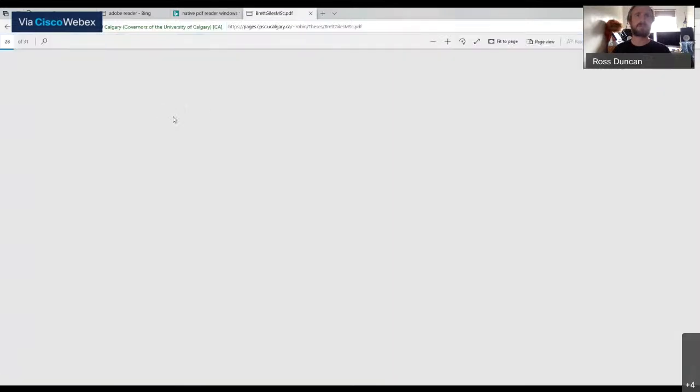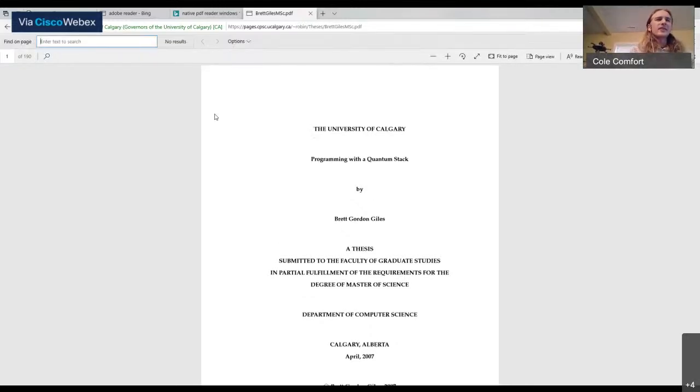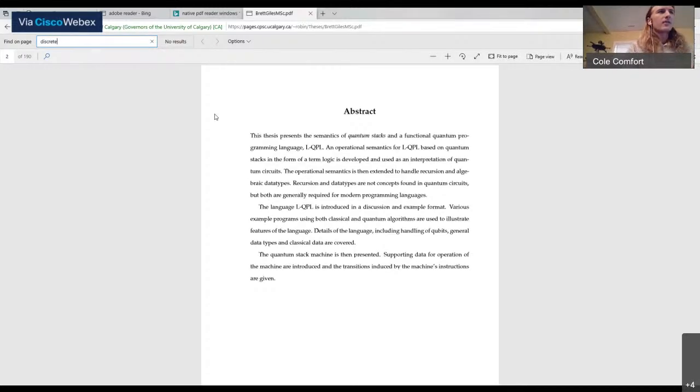I'm trying to remember exactly the example, but in Brett Giles' thesis, he gives one example, some category of semi-lattices, which apparently is really canonical. I'll respond in the chat when I look it up. But I'm normally used to working with subcategories of PInj because it's so nice.